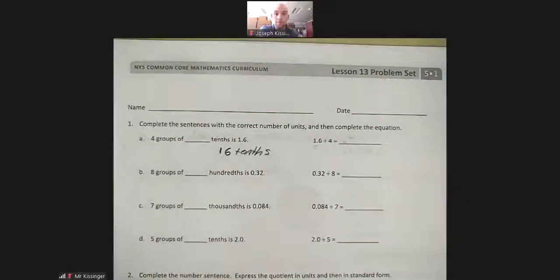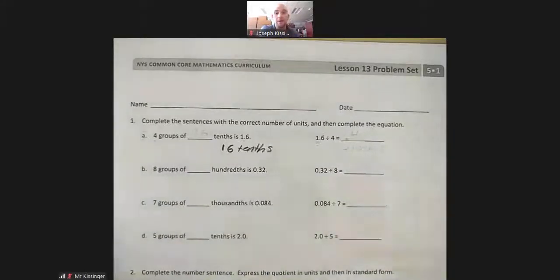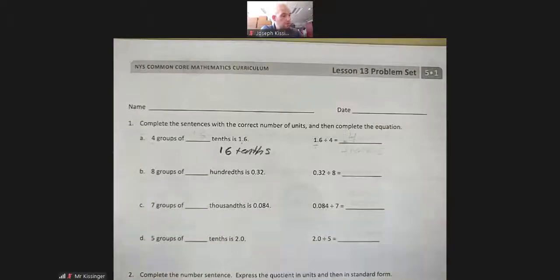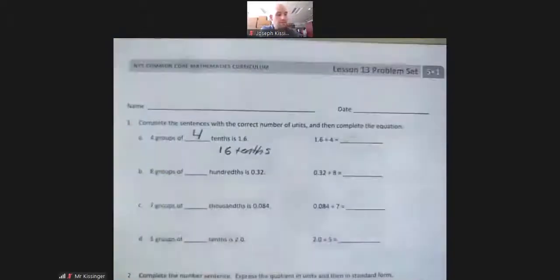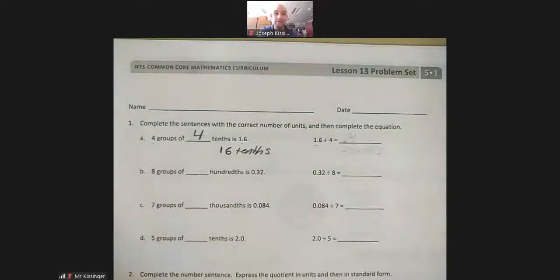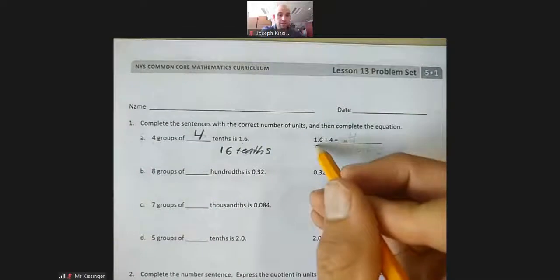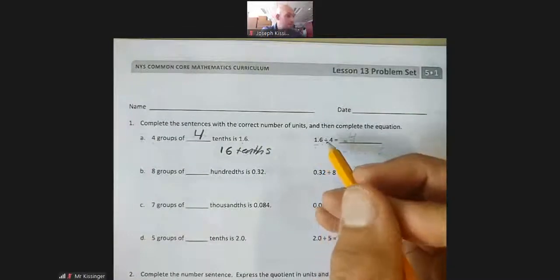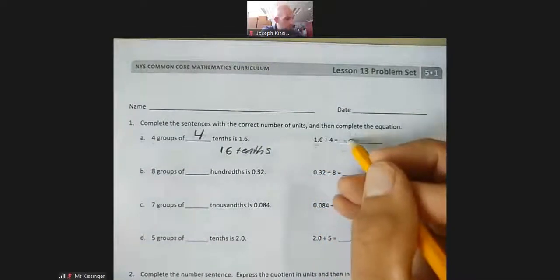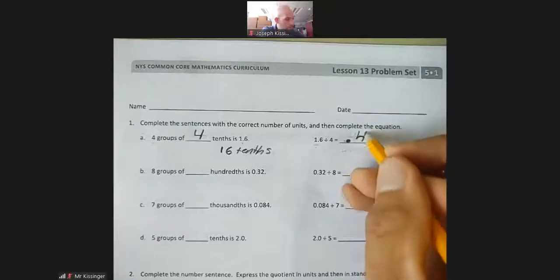So 4 groups of blank tenths is 16 tenths. 4 times how many tenths is 16 tenths? Well, 4 times 4 is 16. 4 times 4 tenths is 16 tenths. So another way to say that is 1.6 or 16 tenths divided by 4 is 4 tenths.